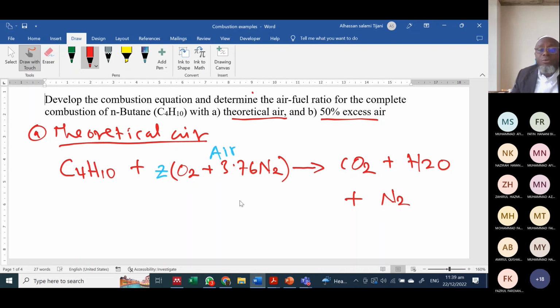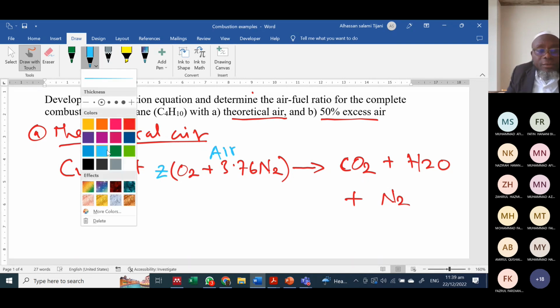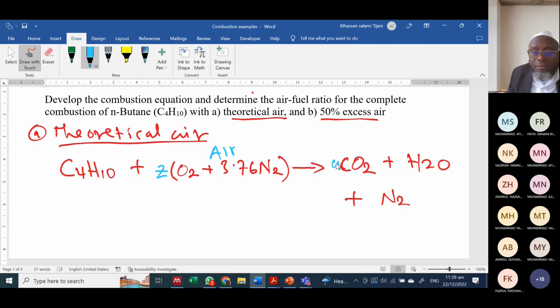Okay, so now, since we don't know how many moles of the products, carbon dioxide, water, and nitrogen there are, we can represent them by, let's say, A for carbon dioxide, B for water, and Z for the air.